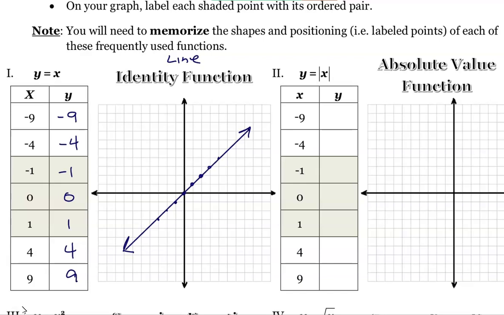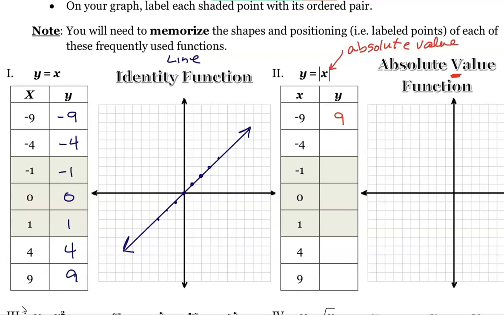Okay, absolute value. Absolute value, you should think about V for victory. The shape of the graph is going to be a V. And these vertical lines, vertical and V go together, mean absolute value. When you see them, whatever your X value's sign was, you drop the sign. So for example, if my X value was -9, my Y is 9.